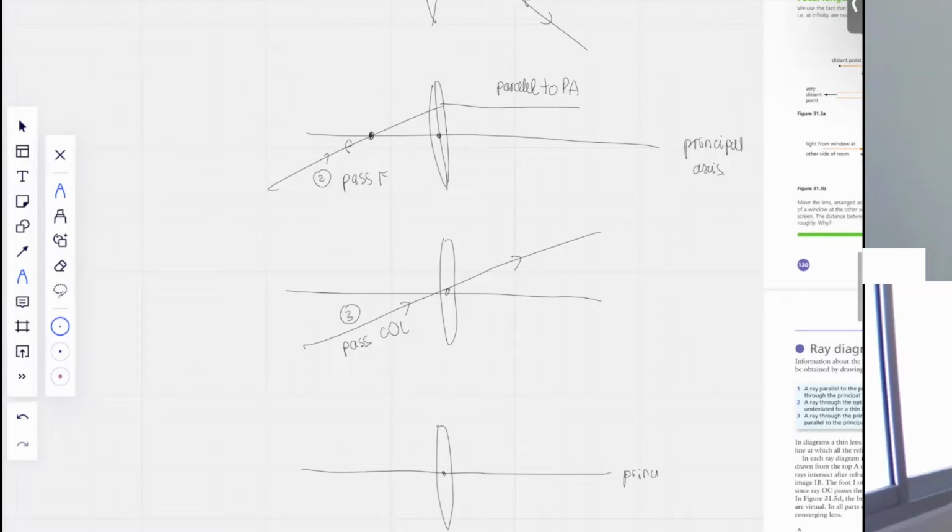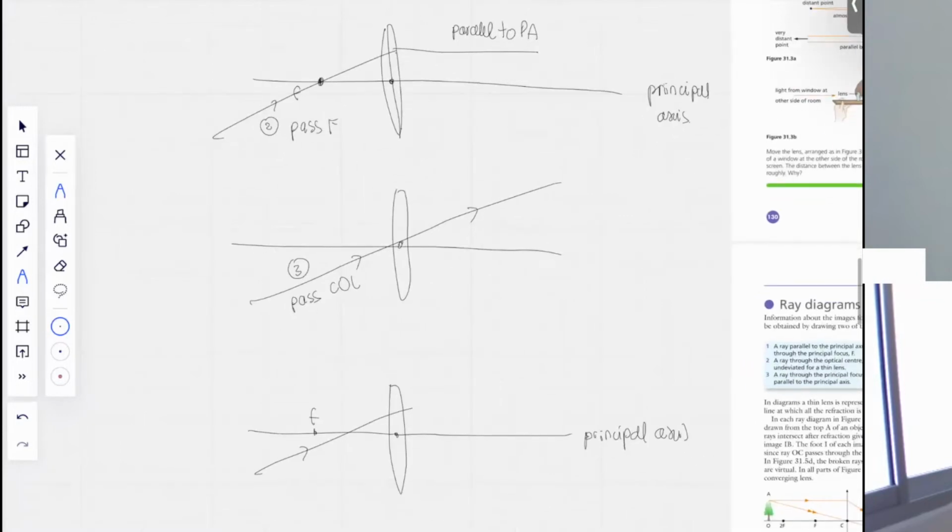This is the principal axis. Let's say the focal point is here, then the ray is random like that.